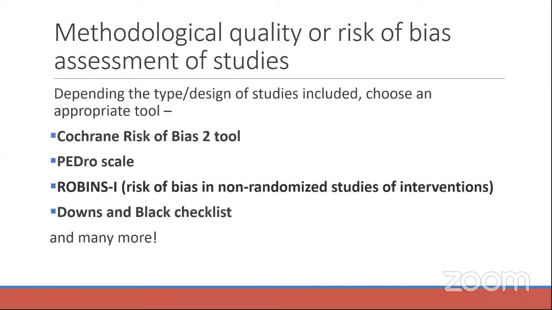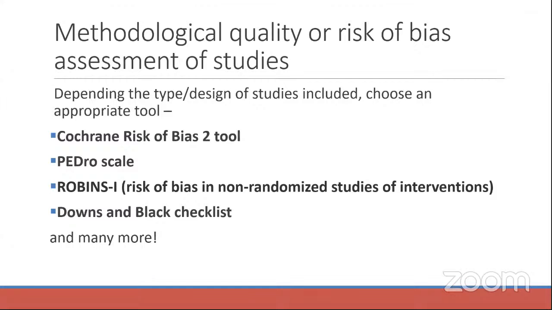You can use many tools for assessing methodological quality or risk of bias of the outcomes of interest in each included study. For randomized clinical trials, you can use Cochrane risk of bias tool. And there's a new version. It is RoB 2, risk of bias 2 tool, published in 2019. And you can also use PEDro scale.